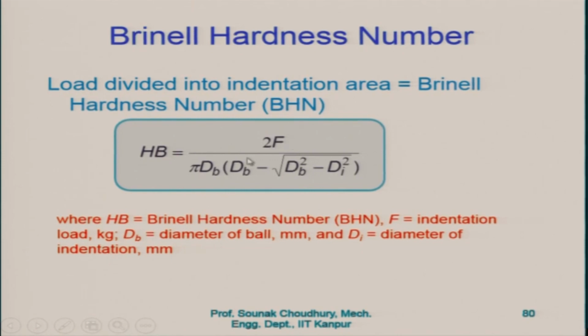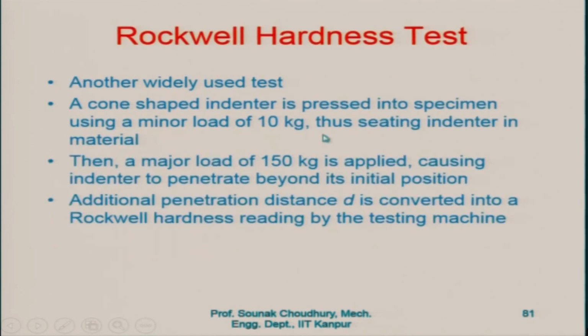Either the load is 500 or 1500 or 3000, this may not be mentioned, because the HB number itself says that this has been taken care of. So, this will be 2F divided by pi dB times dB minus the square root of dB square minus di square. This is the value given for that particular material for which the Brinell hardness has to be specified.